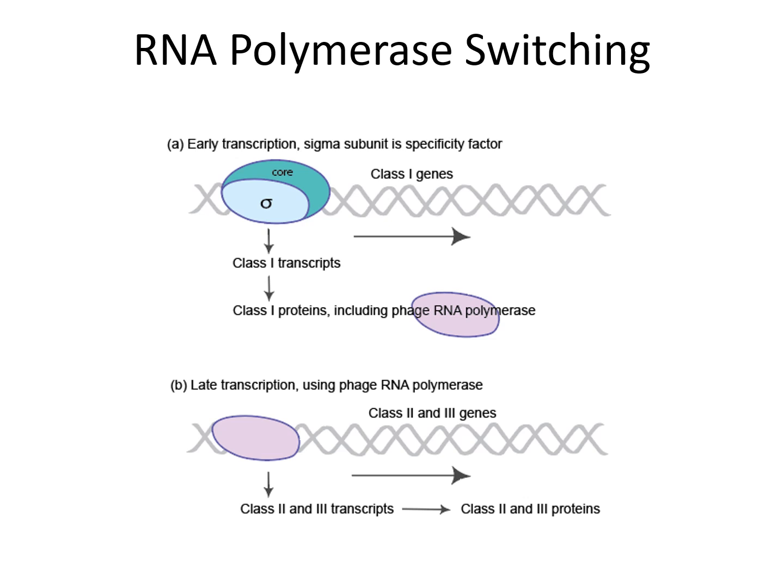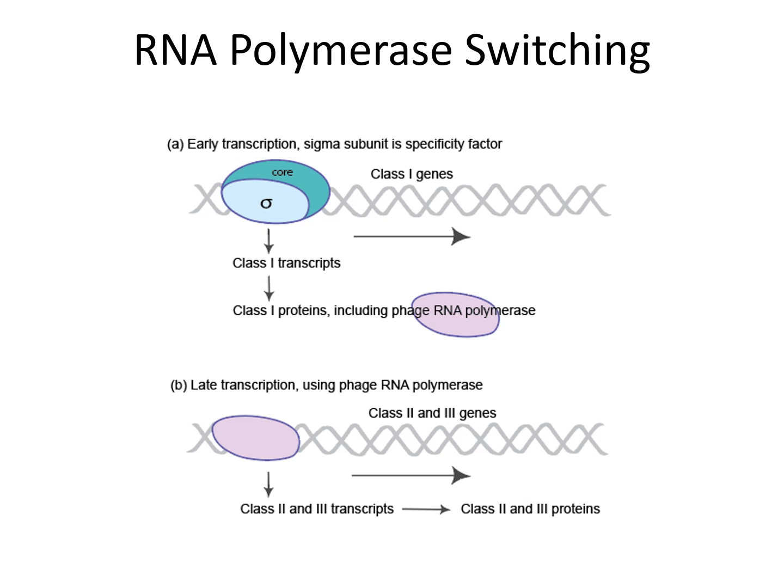For RNA polymerase switching, again, it's another bacteriophage. Bacteriophage T7 is a simple E. coli phage, and it has 3 phases of transcription: an early phase called class 1, and 2 late phases called class 2 and 3.